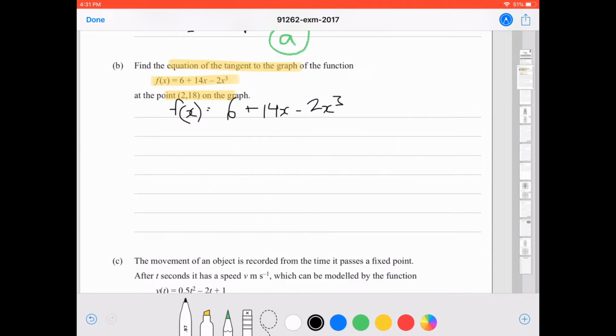And the question also talks about a tangent. So a tangent is a straight line. Its equation will be y equals mx plus c. And they're asking us to find the equation of this tangent. The first thing we can do is find its gradient.